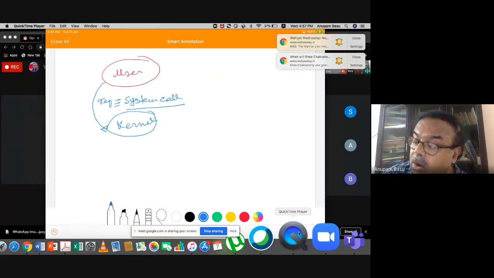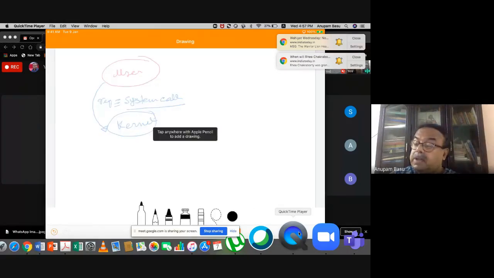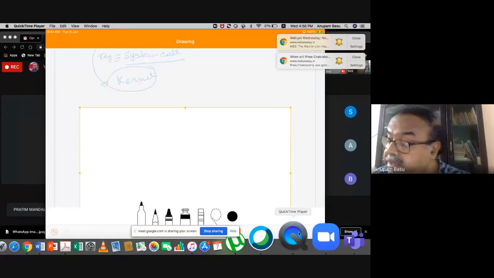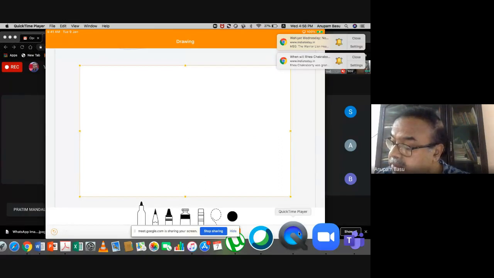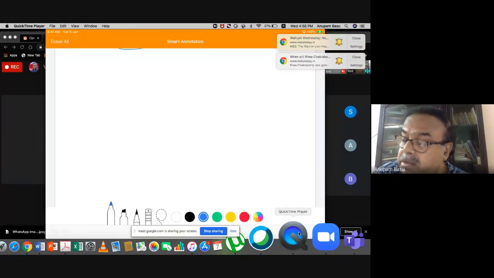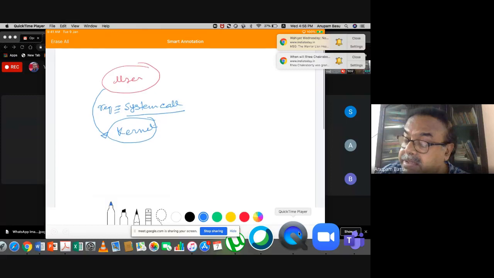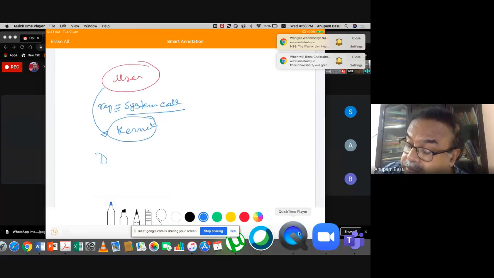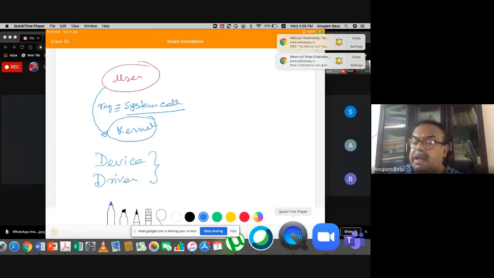Now, this kernel has got many things. One of the components of kernel is the device driver. So there are so many devices in the system, and each of them has got their own drivers.